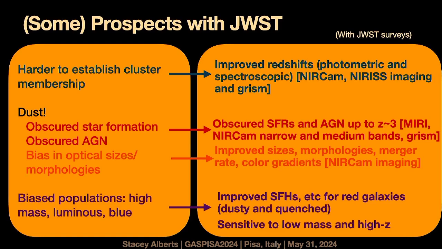With near-infrared data and the resolution of JWST, you can get improved sizes, morphologies, merger rates. You can really do a better job with that, as well as color gradients. And then we can move past some of these biased populations. We do better with red galaxies. We do better with low-mass galaxies than we were able to do before. And also higher redshifts, and things like improved star formation histories. It's going to be good.